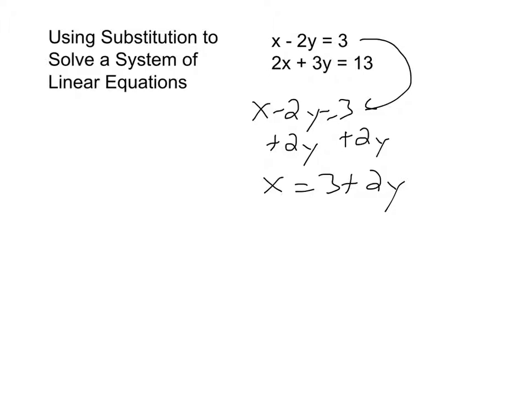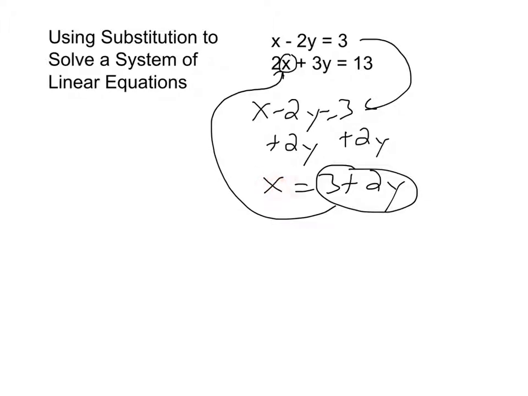Because I'm using substitution, I'm going to take this expression, 3 plus 2y, and plug it into my other equation in place of the x. This whole expression is going to replace my x here, because x is the same as this x.